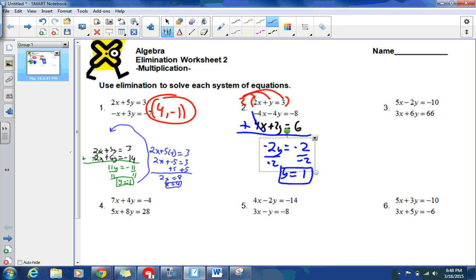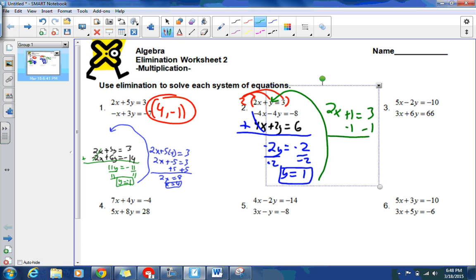Y then equals 1, so we've got our y. We can do like we did with the other one and plug in the y into the very first equation, so you have 2x plus 1 equals 3. After all that work, I get x equal to 1 as well.